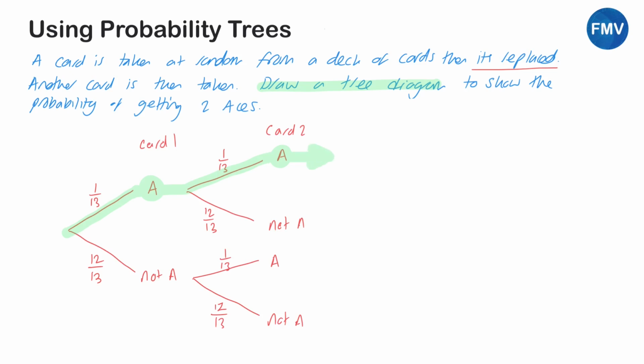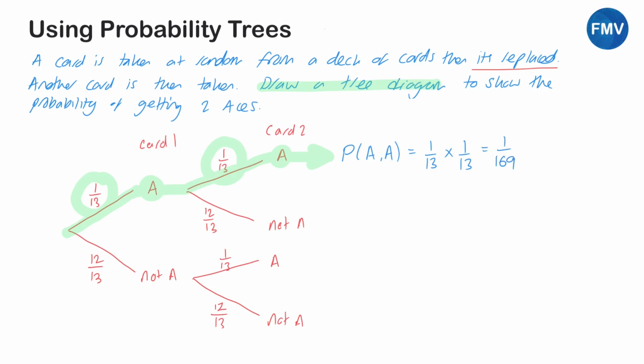So we're following this path here. So if you think about that, we have 1/13 multiplied by another 1/13. So the probability of getting an ace followed by another ace is equal to 1 over 13 multiplied by 1 over 13, which is 1 over 169.